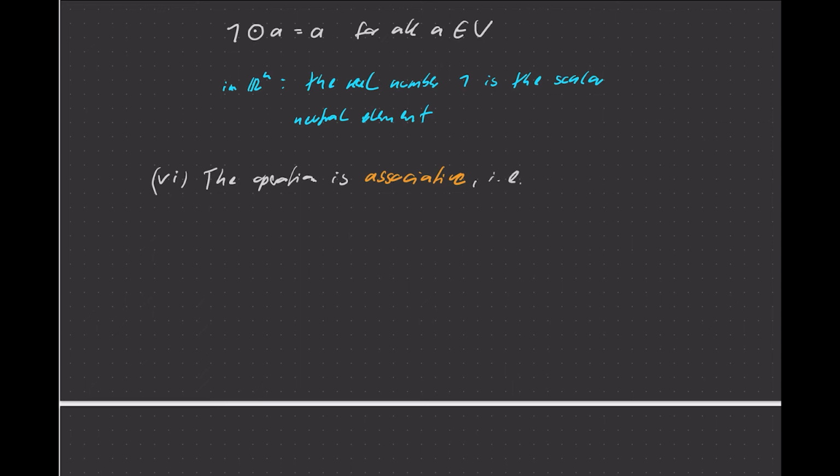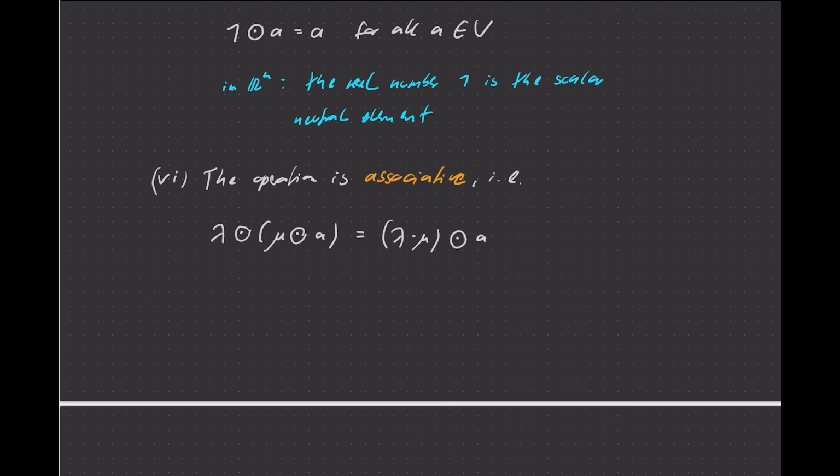Meaning, if we take the scalar and then multiply that with a scalar multiplied with a vector like this, that is the same thing as first multiplying the two scalars and then multiplying the result with a vector.